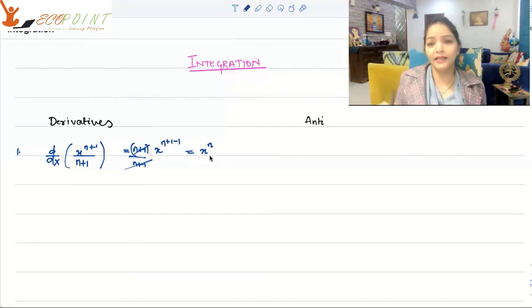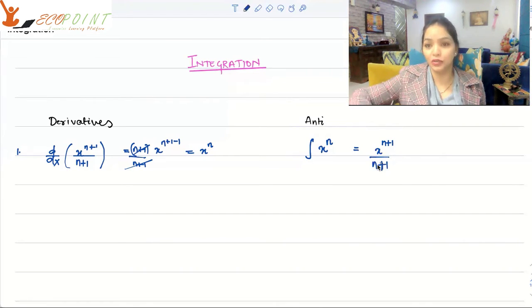So integrals are essentially the inverse of derivatives, which means that if I differentiate x to the power n plus 1 upon n plus 1, I get x to the power n. That means if I integrate x to the power n, I will get x to the power n plus 1 upon n plus 1.